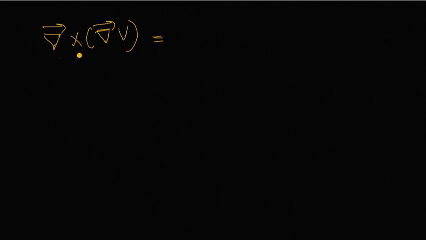So if we take the curl of this gradient, it will always be 0. If we take a determinant for this, the value will be a constant, and we take the derivative of a constant, so it is 0.